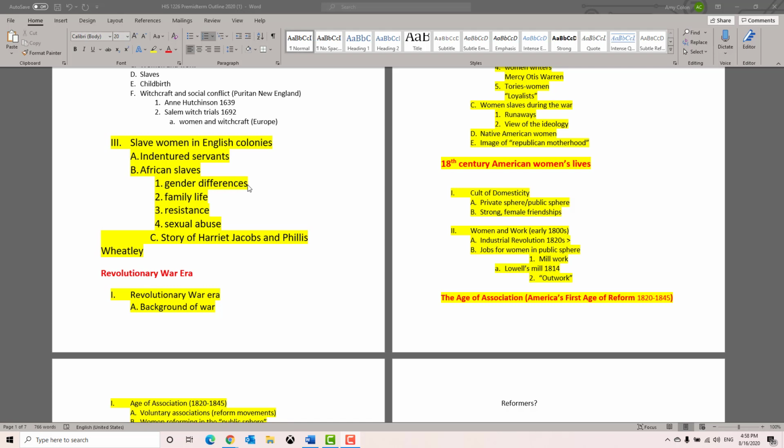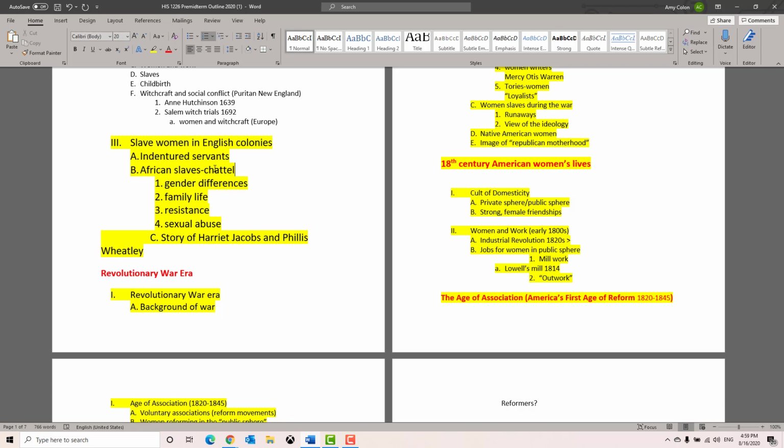But what we do know, if you look at colonial law, is that the colonial laws began to change pretty early on regarding African slaves. I'll take Virginia for example. The colony of Virginia began to pass laws in the early 1600s taking away the rights and freedoms of the African slaves and turning African slaves into what we call chattel slavery. I'll put that on the outline. So African slaves eventually became chattel slaves.